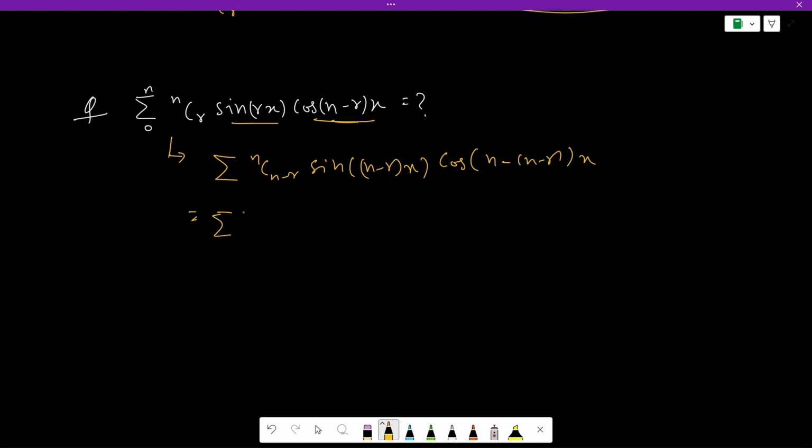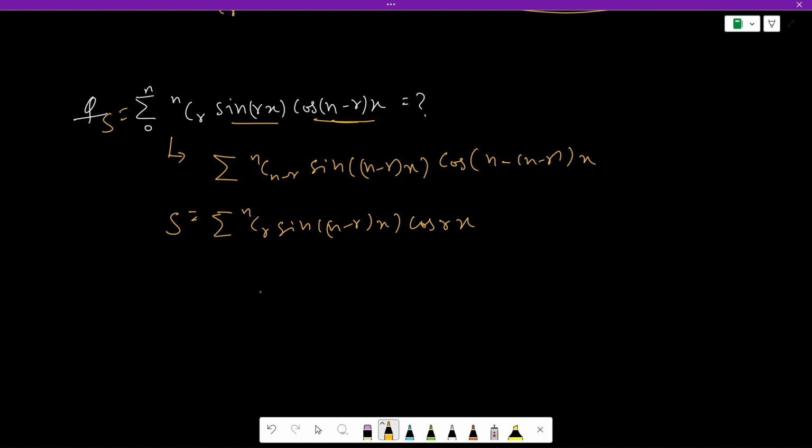This will be equal to summation nCr sine of n minus r times x cos rx. So let's call it S.